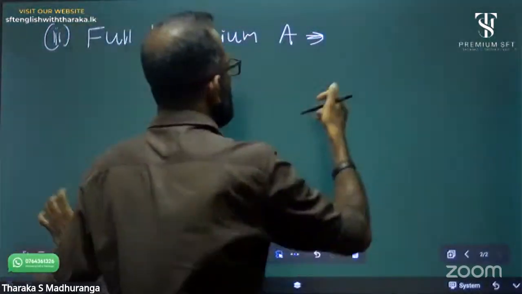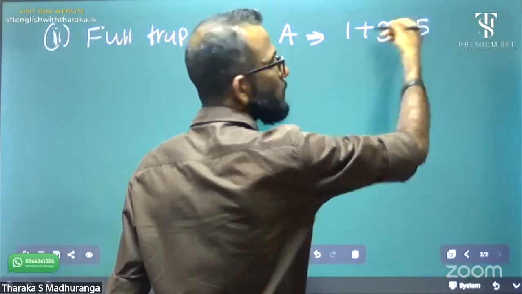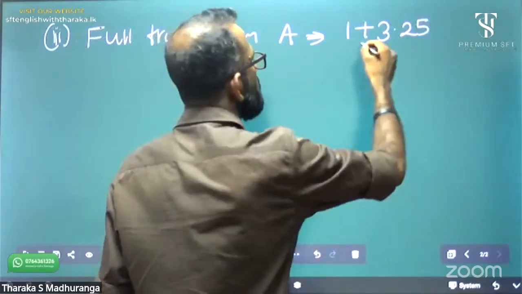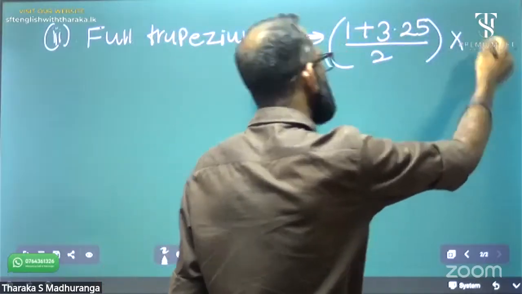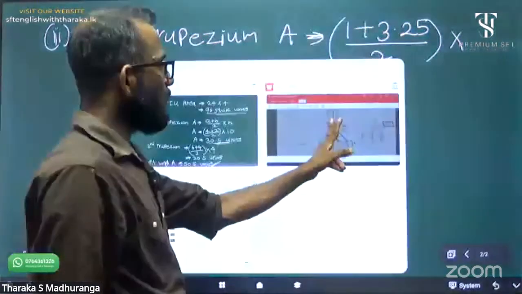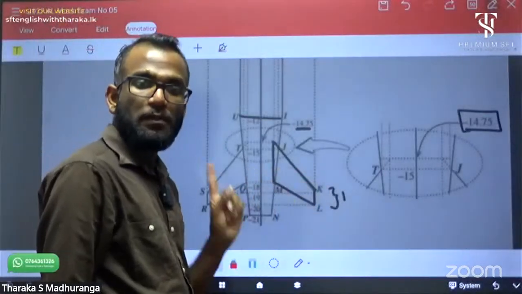So (1 plus 3.25) divided by 2, multiplied by the perpendicular distance. What's the perpendicular distance?